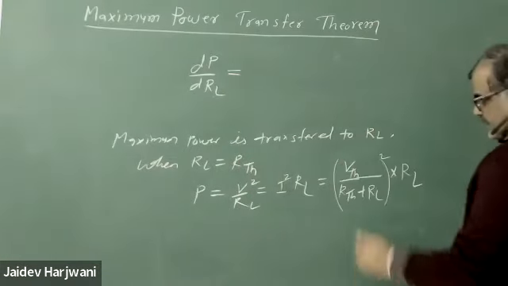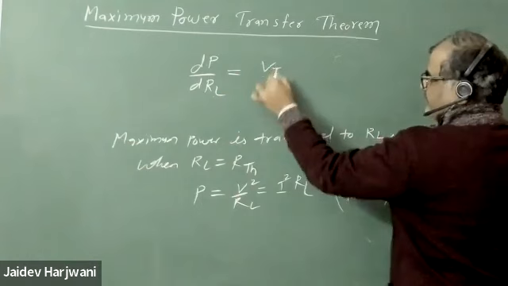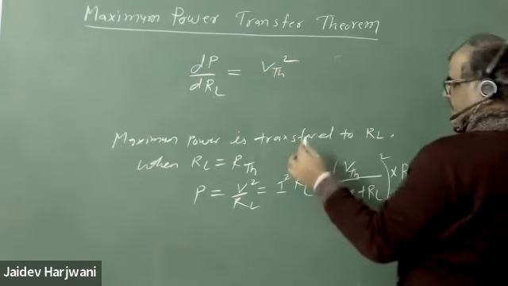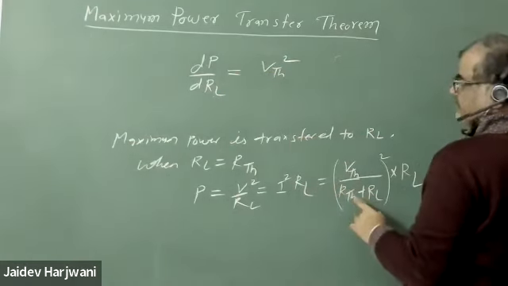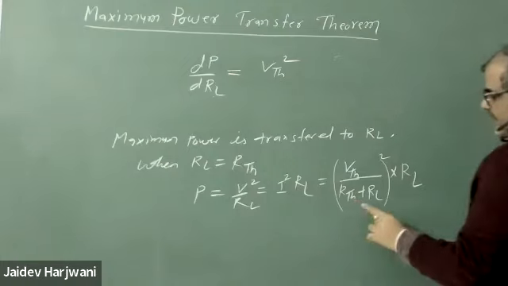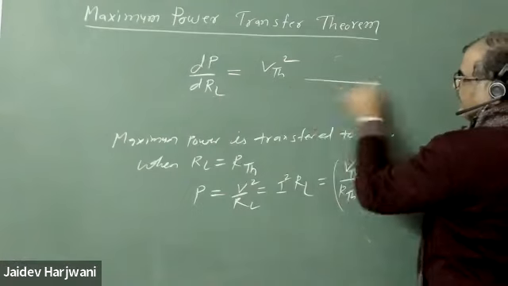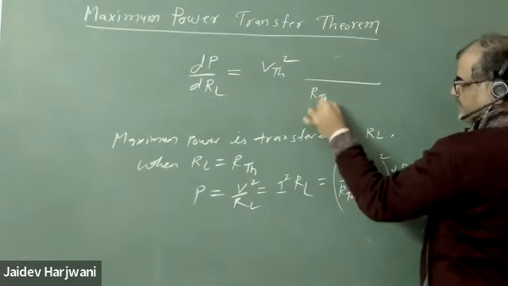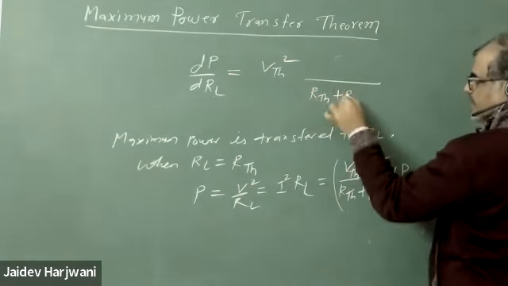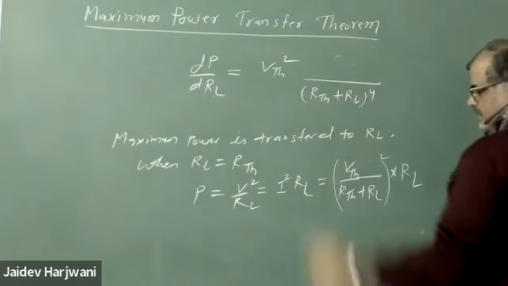So dP upon dRL, how can I write this? V Thevenin square, and then I need to differentiate RL by R Thevenin plus RL whole square. So I can write R Thevenin plus RL power 4.